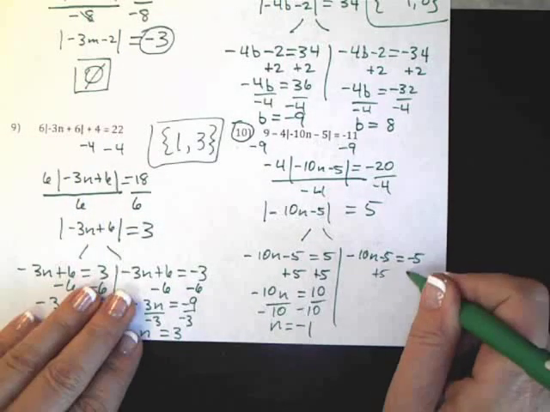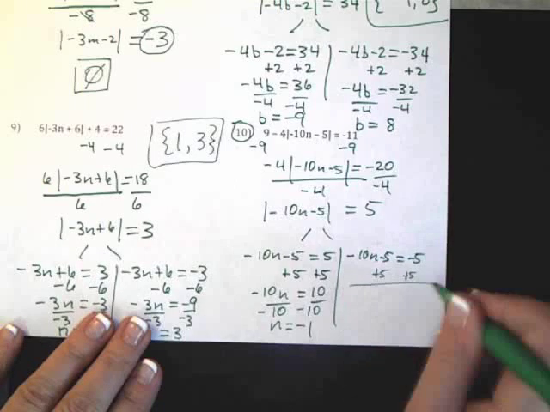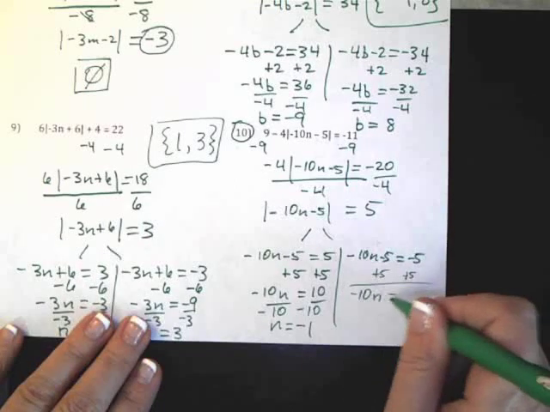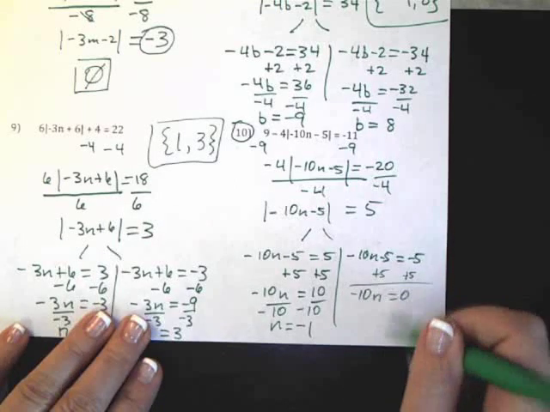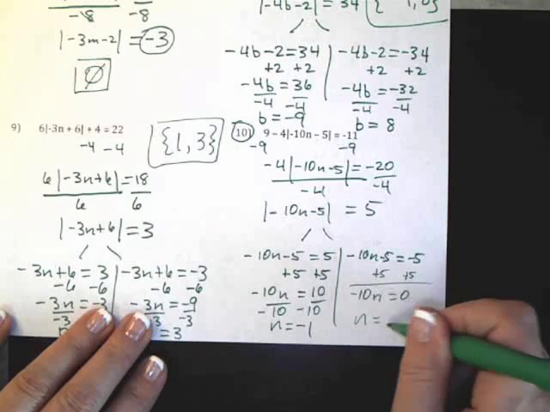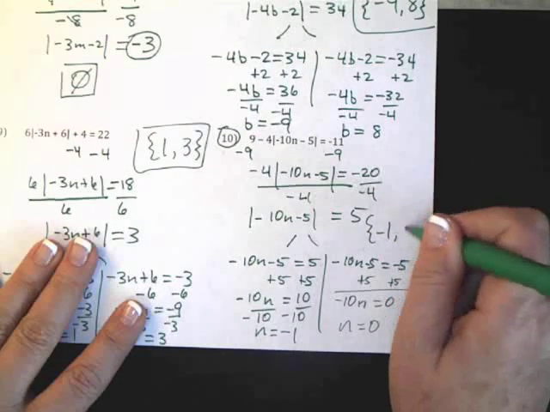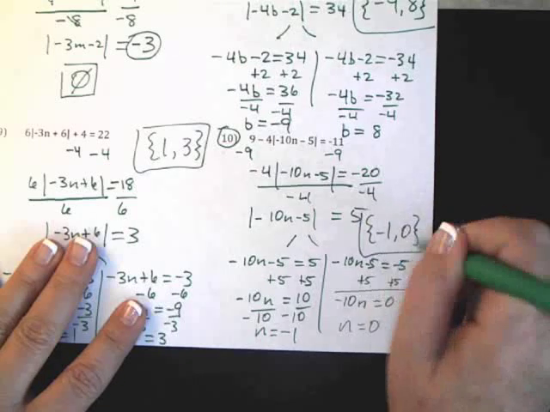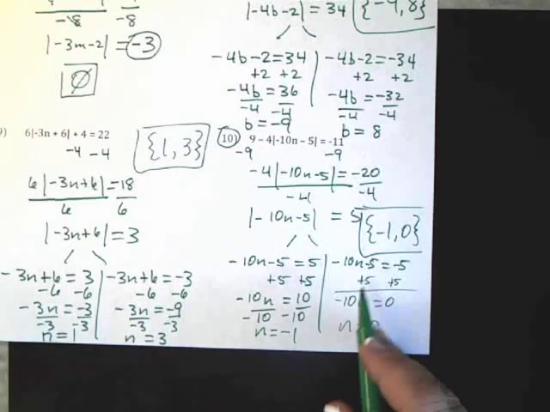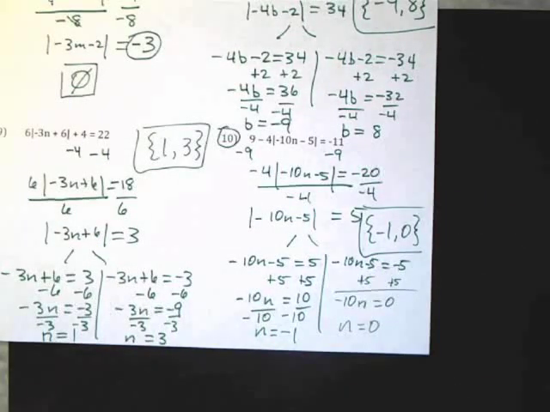On the right-hand side, negative 10n is equal to 0, so dividing both sides by negative 10, n is equal to 0. So our two solutions are n is equal to negative 1 and n is equal to 0.